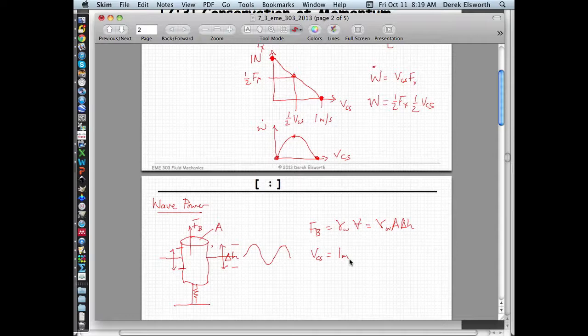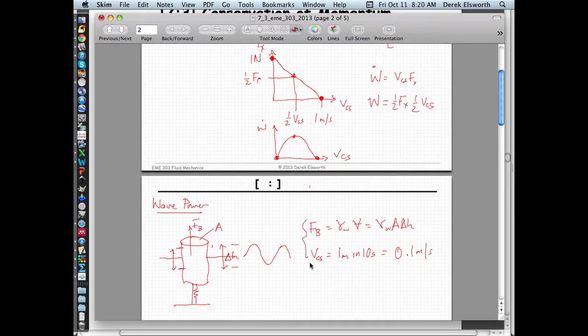So if it would go up a meter, it would go up and down a meter every 10 seconds. So I guess that'd be 2 meters every 20 seconds. So that's a meter every 10 seconds, which is 0.1 of a meter every second. So 1 meter in 10 seconds equals 0.1 meters per second.